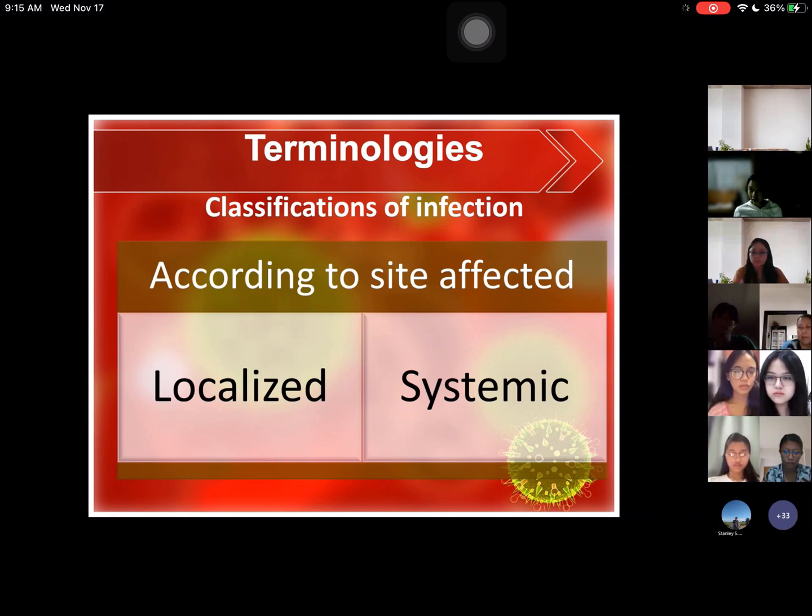Not only the respiratory, but it can have TB on your gastrointestinal. Okay, so that is miliary. That is systemic infection. Or we have the metastatic cancer. Okay, it already spreads throughout your system. So that is systemic infection. So this is the classification of infection according to the site affected.